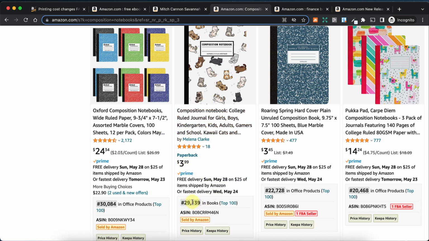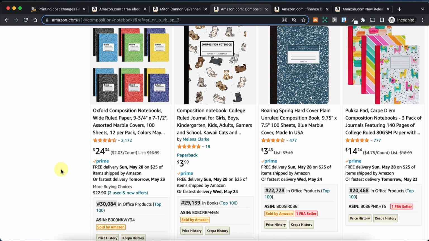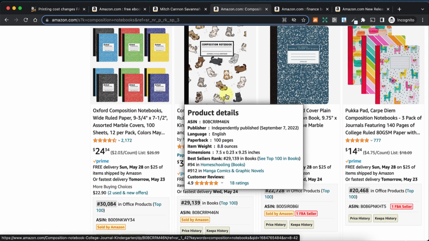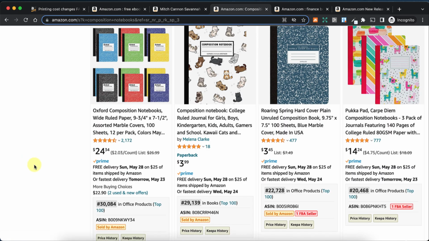It's doing really well. It's like sub 50k on bestseller rank, independently published and everything, but I don't know how much this person is going to be making, to be honest. I mean, $3.99, there are 100 pages in this. I don't know if this person is going to be making much in royalties, especially after the changes that come in.